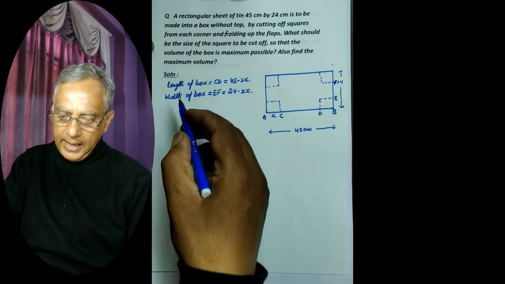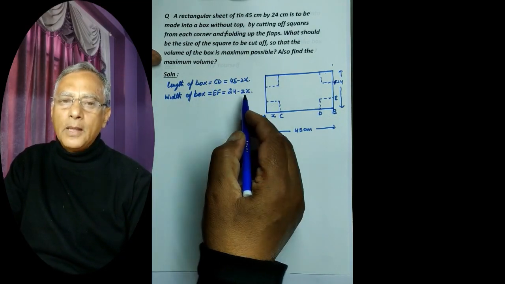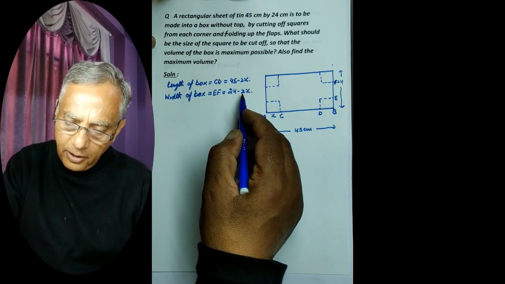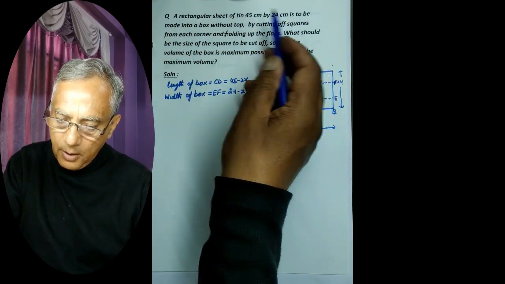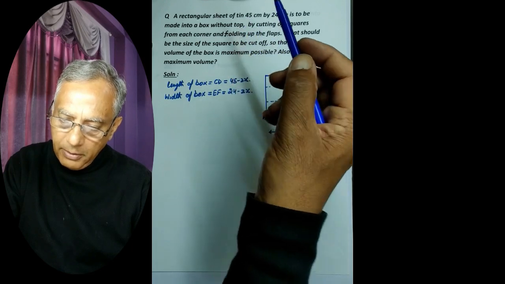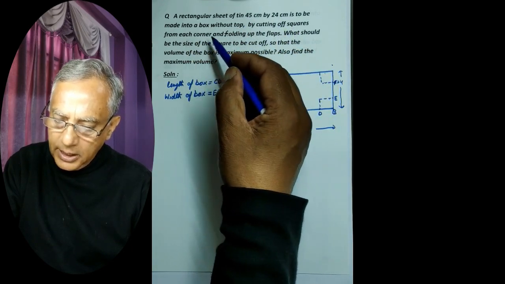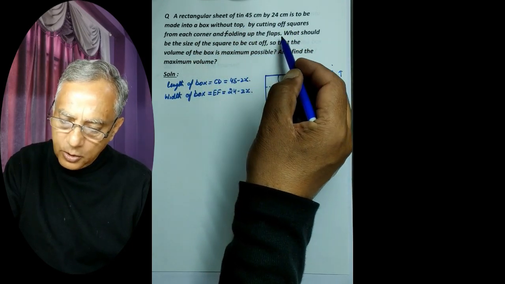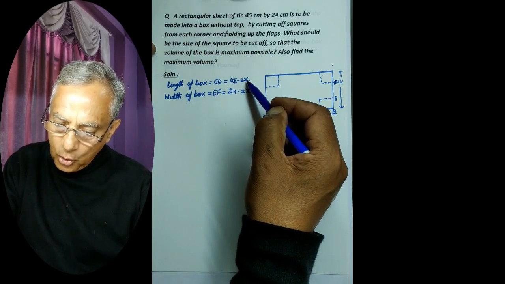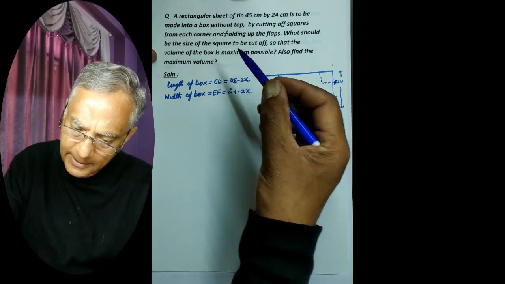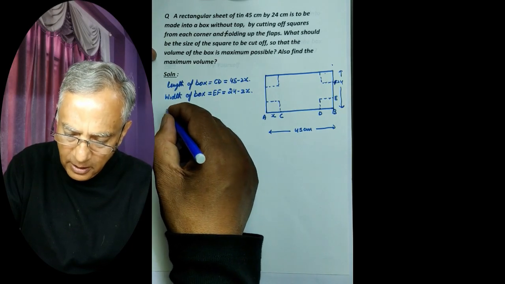So this will be the length of the box and this will be the width of the box. A rectangular sheet of tin 45 centimeter by 24 centimeter is to be made into a box without a top by cutting off squares from each corner and folding up the flaps. What should be the size of the square to be cut off? We have to find x so that the volume of the box is maximum possible.